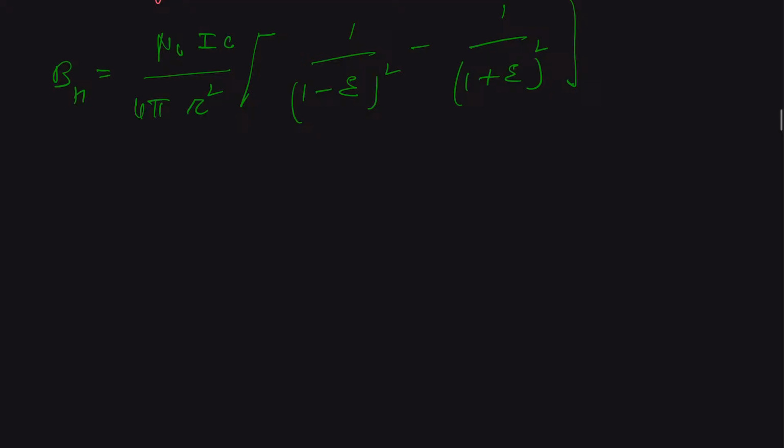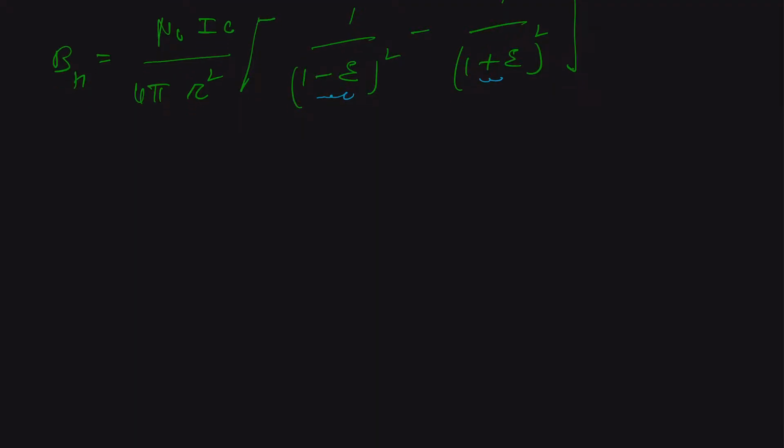Okay, so the only difference between these two terms is that here it is negative and here it is positive. That is the only difference. Okay, therefore we can write this as 1 upon 1 minus epsilon whole square minus 1 upon 1 plus epsilon whole square.